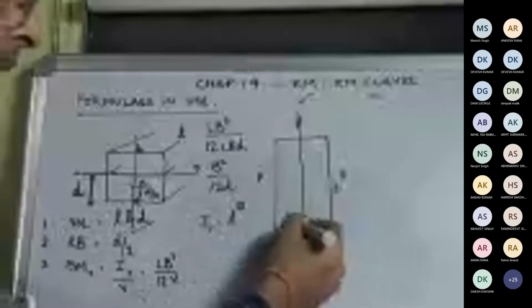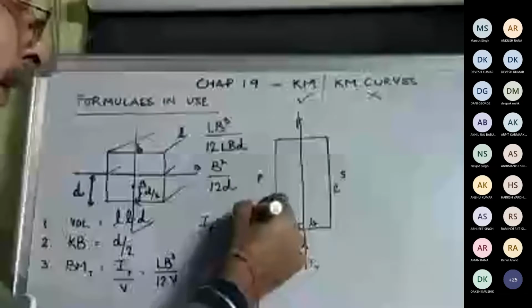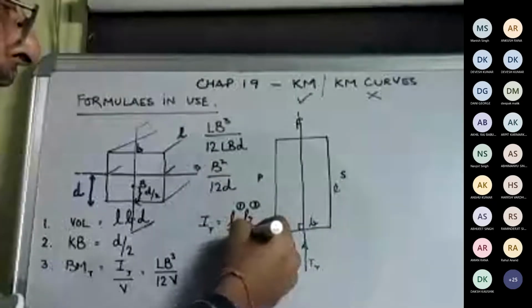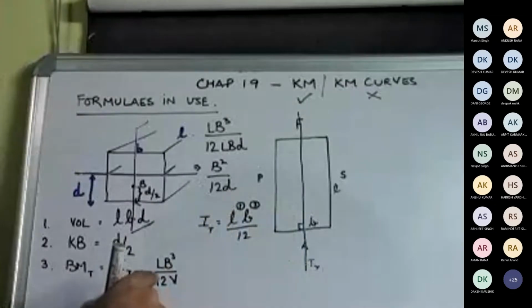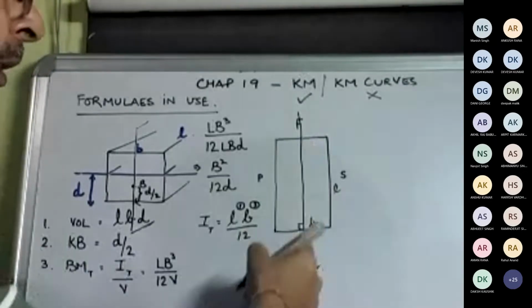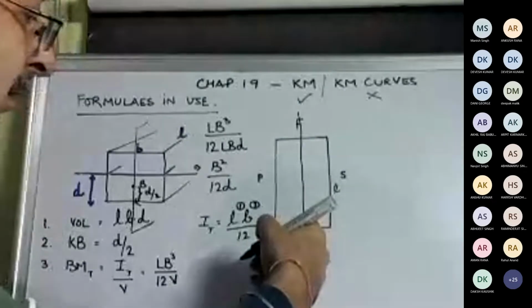The side which is perpendicular to the axis is powered as cube divided by 12. That's the reason why this LB cube by 12 was written here. So this is moment of inertia IT because it is cutting the transverse side. This is moment of inertia transverse.